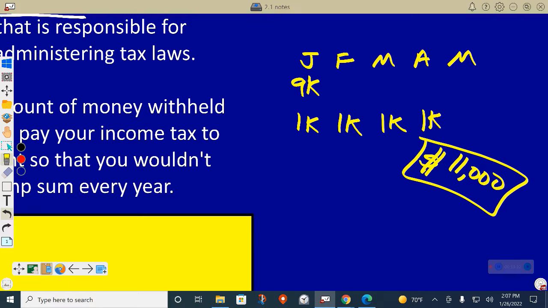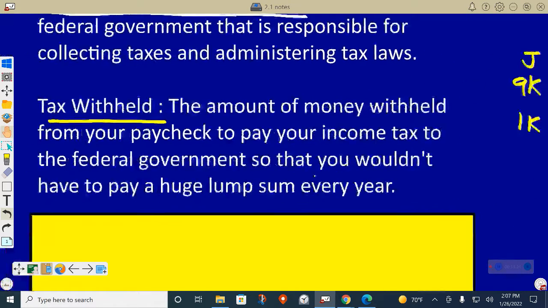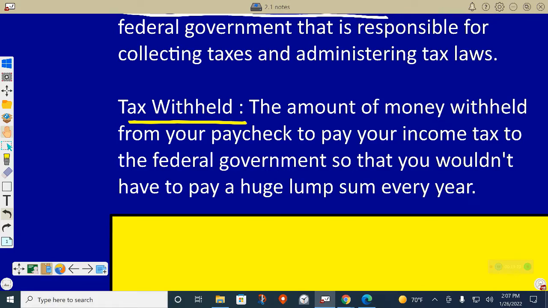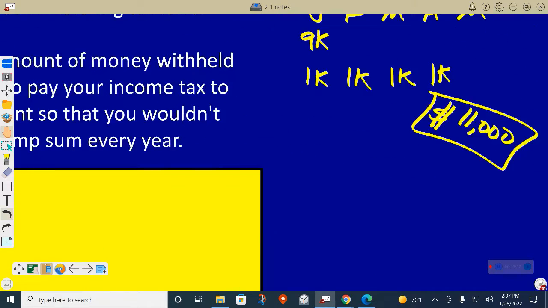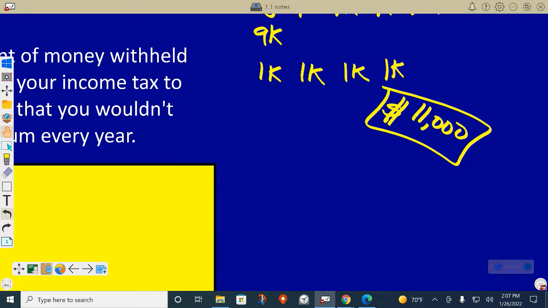So all this tax withheld stuff is, when you get a job, everyone's gonna have tax withheld. The government is helping you pay them. Because if they didn't help you, no one is gonna cut a check for $11,000 at the end of the year, or $5,000, whatever you owe. And the government understands that, so they're saying, wait a minute.